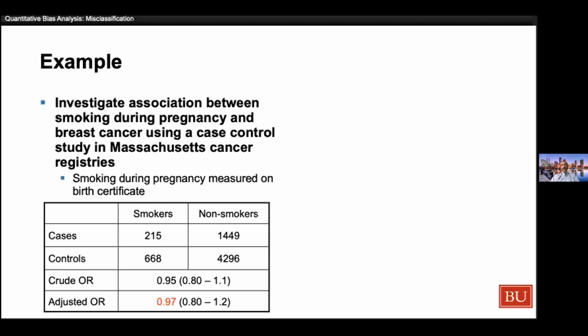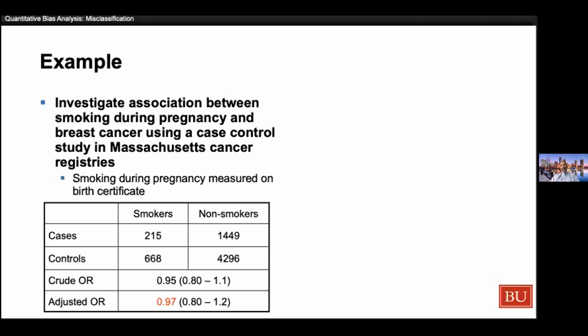Now, the reason why it's, in my opinion, a great example is because Eliza got her data on smoking during pregnancy from a question that's asked on the Massachusetts birth certificate. So they ask the question of the mother after she's given birth whether or not she smoked during pregnancy, and everyone can easily identify that that is a problematic way to get that information, particularly in terms of sensitivity, right?